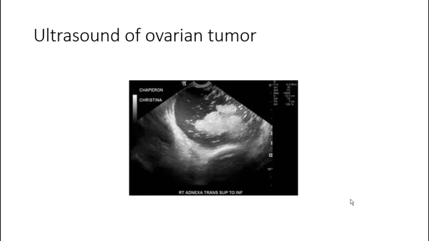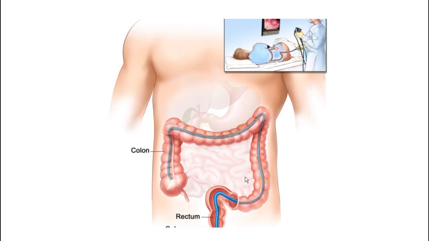And here we see, I think pretty clearly, an ultrasound of the uterus and the ovaries, and then this ovarian tumor kind of arising out of that. So ultrasound is certainly very good for detecting masses. And one more thing, we'll go to colonoscopy. So again, we're still visualizing things.